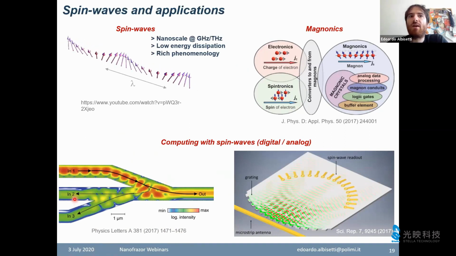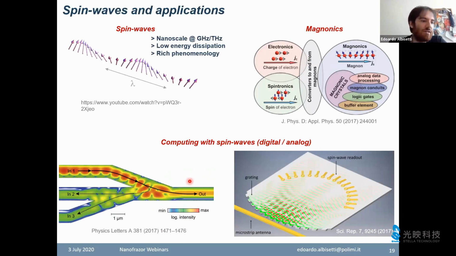You excite spin waves as an input, they interfere depending on the shape of the conduits and how they're joined with each other, and then you have an output that is high amplitude or low amplitude, depending on the interference and on the spin wave path of each input. And you can basically have a logic function by building this kind of structure.